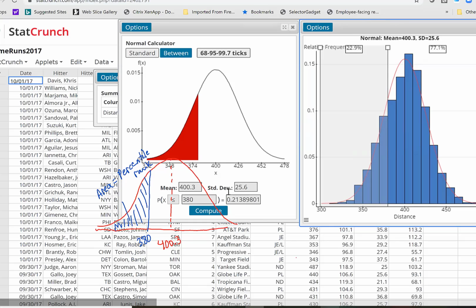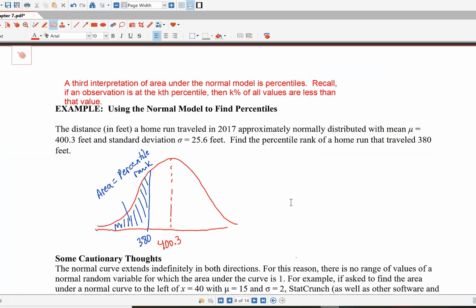So 0.21, we're basically saying the percentile rank is the 21st percentile. And the other one is telling us it's the 22nd or 23rd, but that's actual real data as opposed to the model.